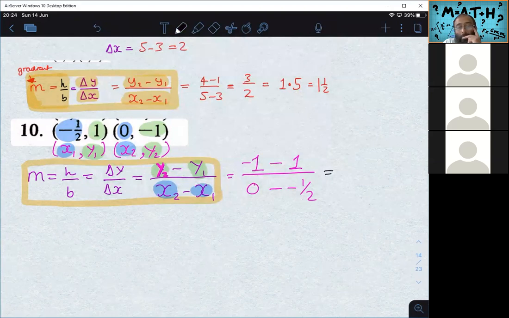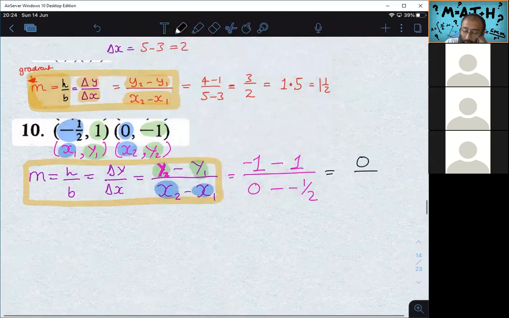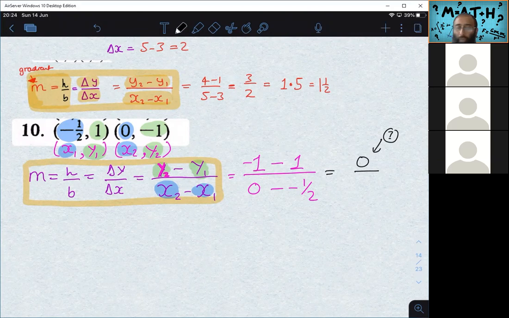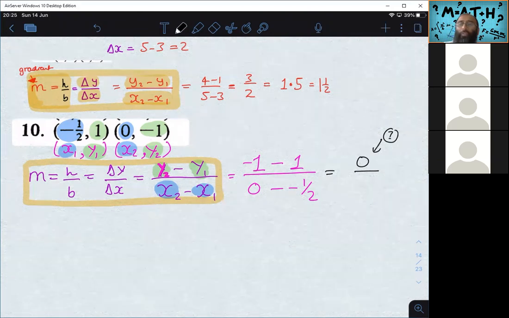-1 take away 1 is just 0, isn't it? Okay, all right, I'll write that down for the moment. Next part. 0 over 0, take away minus a half. You know, that's the reason why we do negative numbers first lesson, folks, for everyone. For Abdullah, for Eliza, for Layla, for Salia.